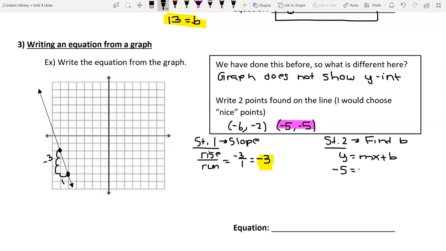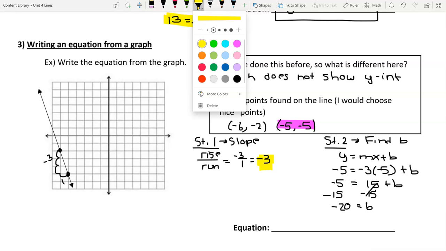M we just found to be -3, and then x is -5 because they're both -5. Plus b, and solve for b. So -5 = 15 + b, subtract 15 on both sides. So b = -20. Okay, and I'm done.